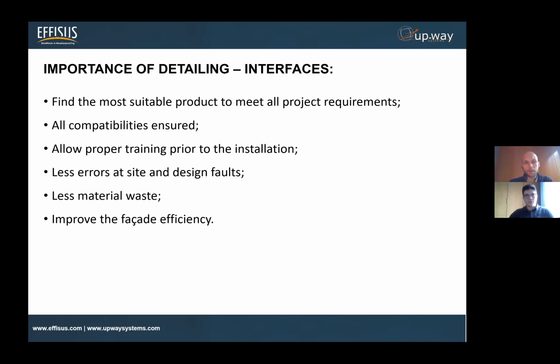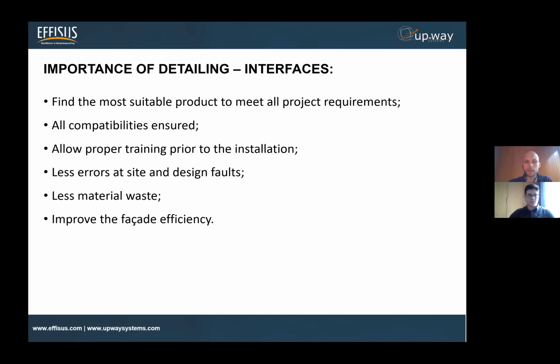So, just about to finish, some highlights on the importance of detailing interfaces. Of course, when we are detailing interfaces, we are making sure that we meet the project requirements. So we will not think about things only at site, and we will understand the project requirements and be able to provide and discuss the best solutions for that project.